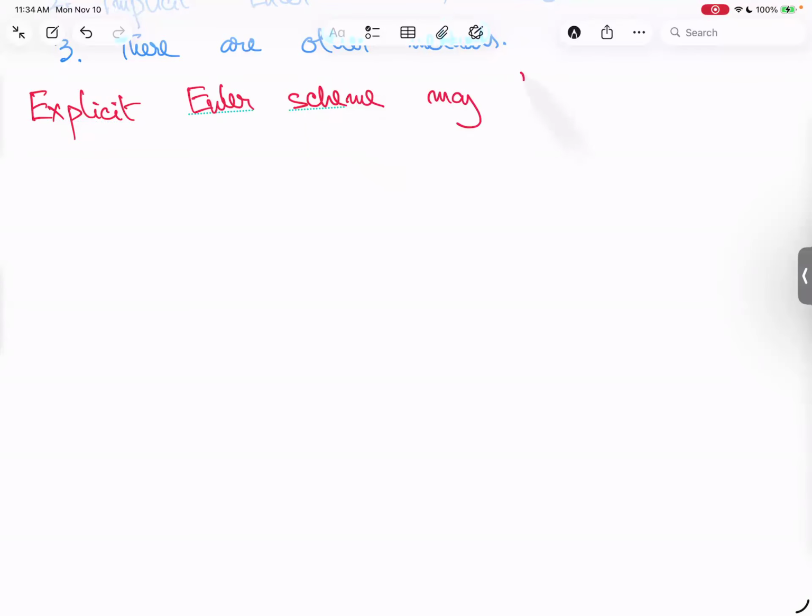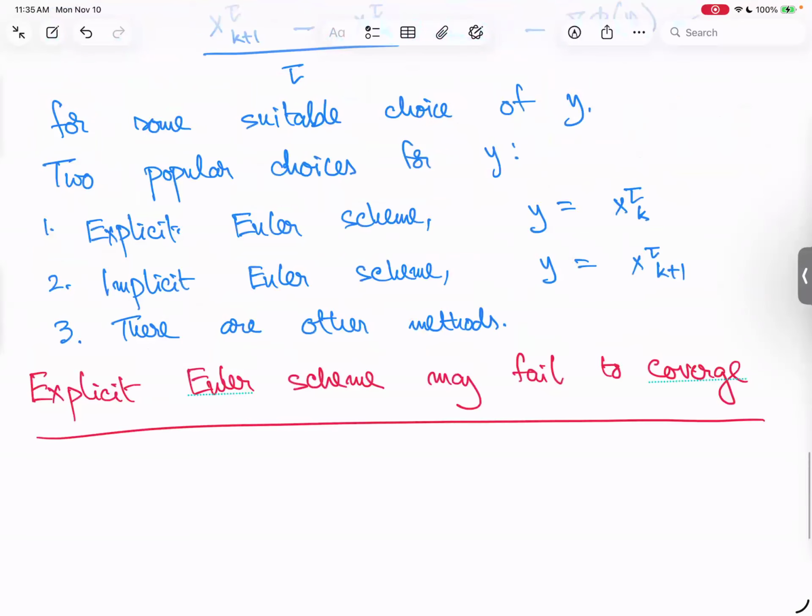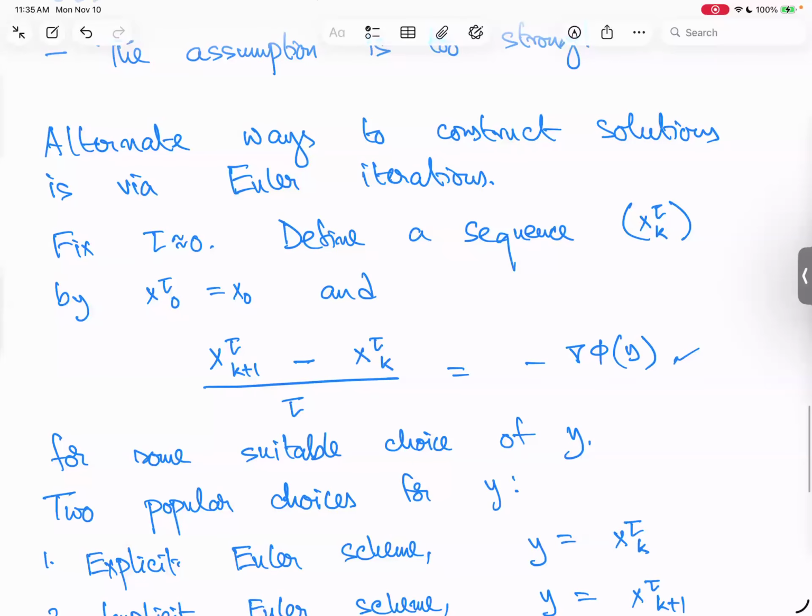The explicit Euler scheme may fail to converge. I haven't really said what I mean by convergence. What am I actually looking for? What I'm looking for is this. So the goal is, as tau goes to 0, I want my x_k^tau in some sense to converge to x(t), a curve, which satisfies the gradient flow ODE.